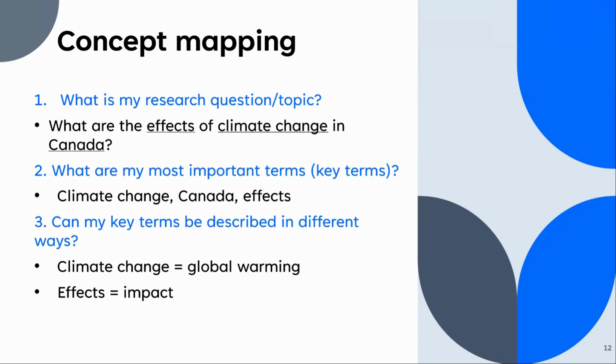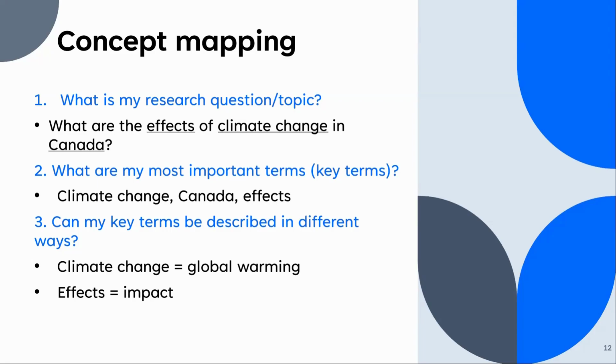On the other hand, some of our other key terms like effects or climate change could potentially be described in other ways. For example, for effects, maybe a word like impact would also be helpful because it's a similar kind of word. Maybe instead of climate change, you could use a phrase like global warming.